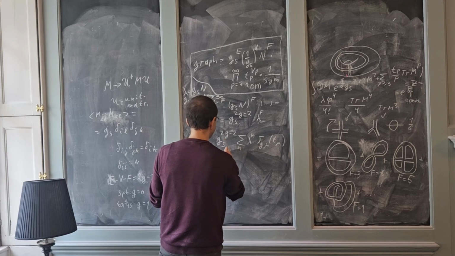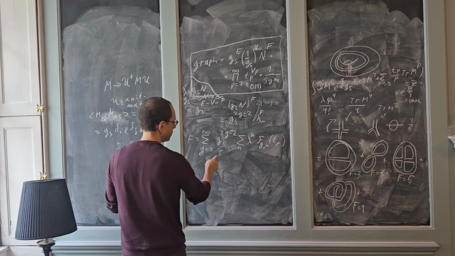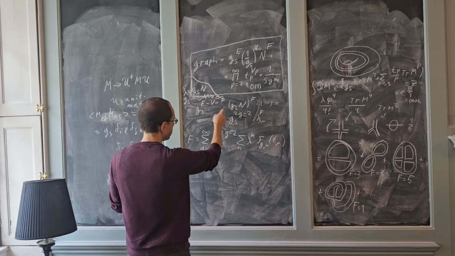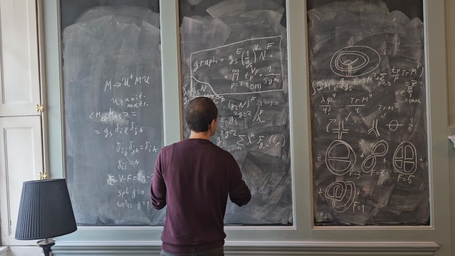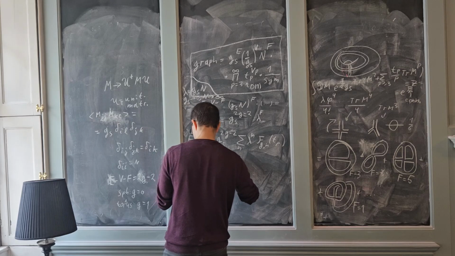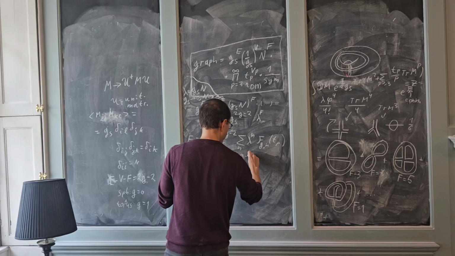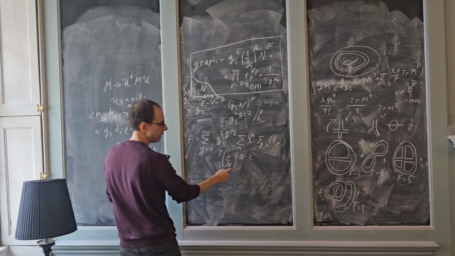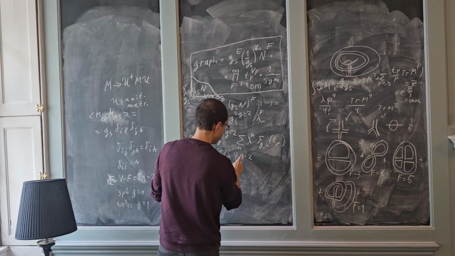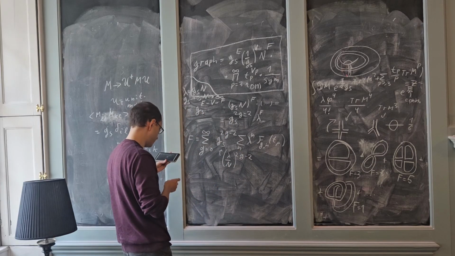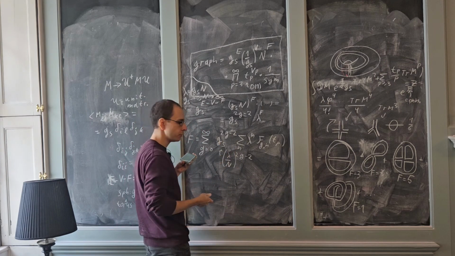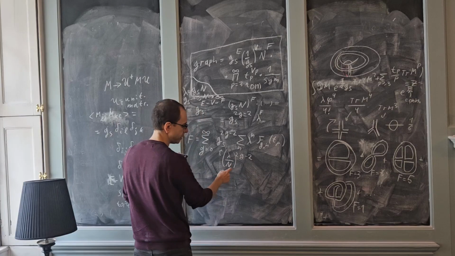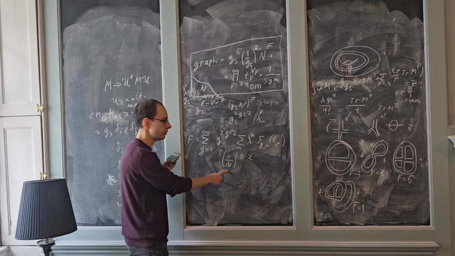One way to rewrite it, in a more standard way, is to say g_string is 1 over N, so lambda over N, to the power 2g minus 2. So we get immediately 1 over N to the power dictated by the genus. As genus becomes larger, say for the torus or pretzel or whatever, these diagrams become more and more suppressed by 1 over N.